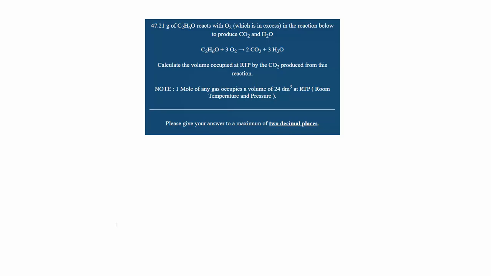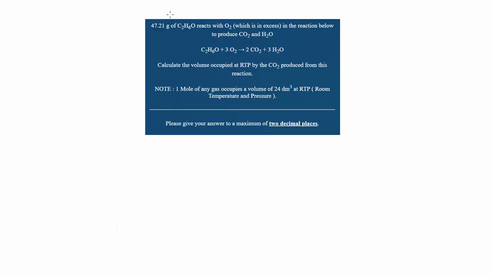But in order to get there, I don't actually know the mass of CO2 produced or any of those details yet. What I do have is not the amount of substance, but the mass of the C₂H₆O which reacts.